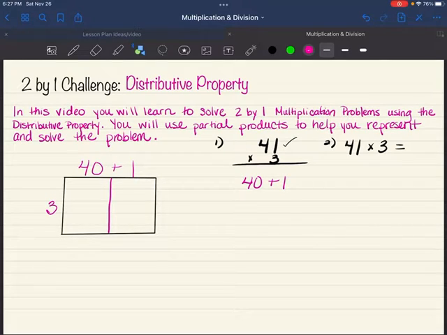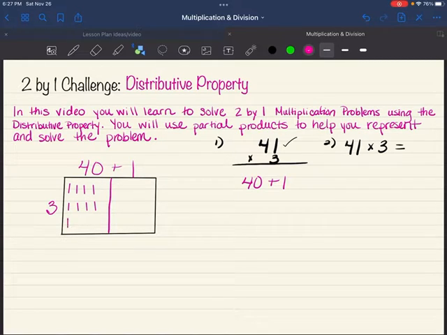So inside the box, we're going to go ahead and draw our base 10 blocks. So in the first box, the 3 tells us how many groups of 40 do we need to draw? Well, 3. So let's go ahead and draw them. 10, 20, 30, 40. That's one group. 10, 20, 30, 40.